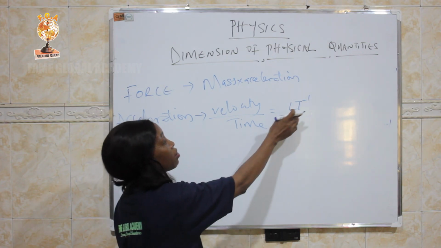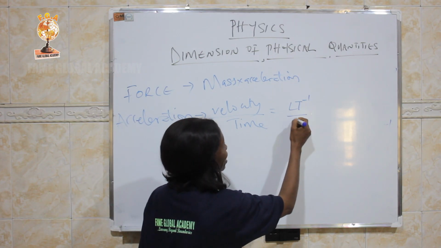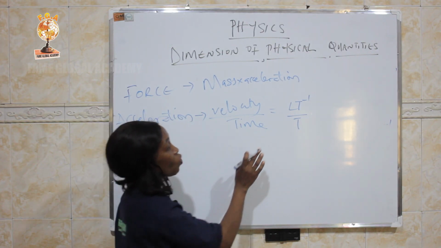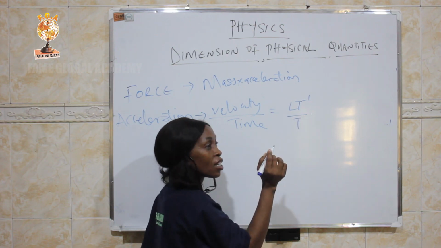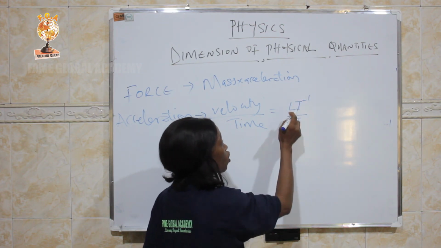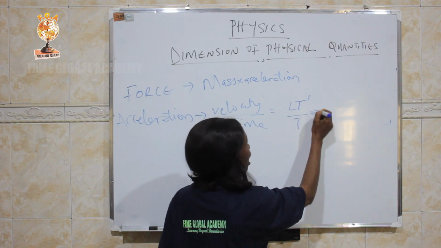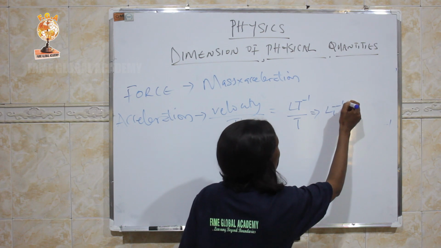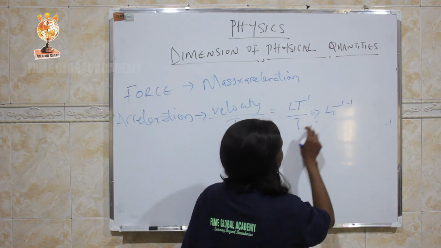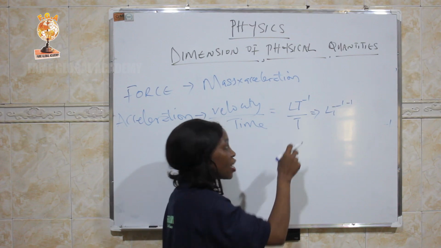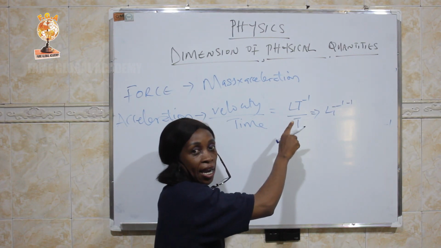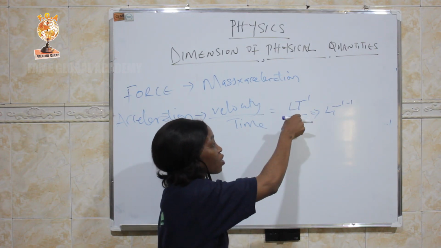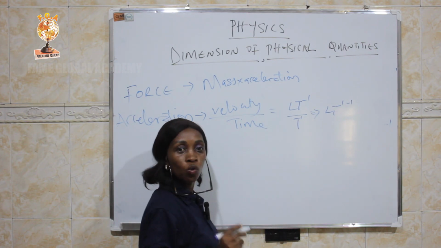We are having LT minus 1 all over T, because the dimension for time is T. So if this T now goes upward, it becomes LT minus 1, then minus 1. Because if it goes up, it becomes minus 1. T there has 1 already, and you don't put it there.